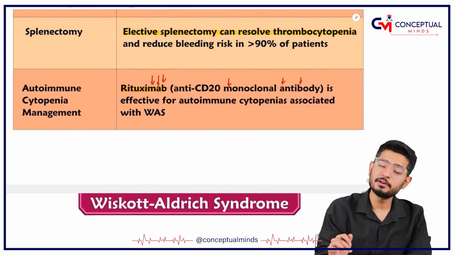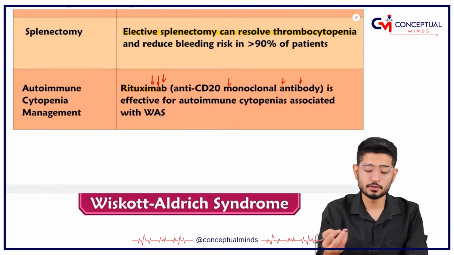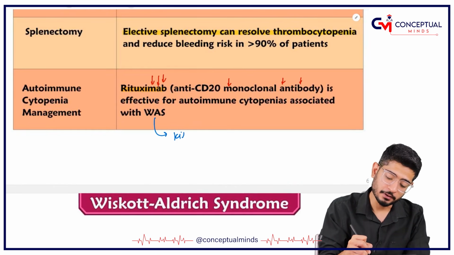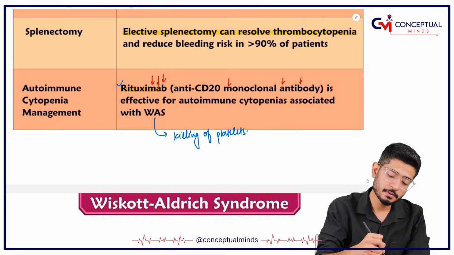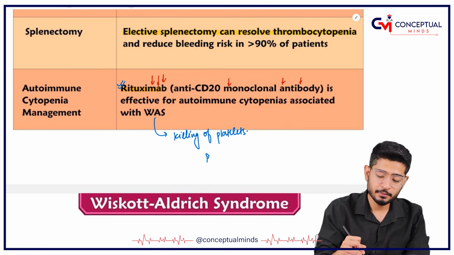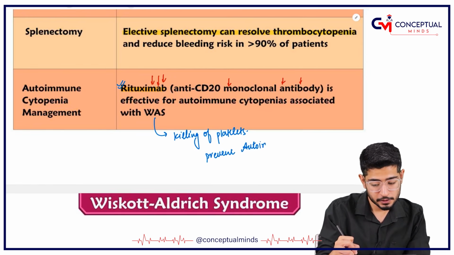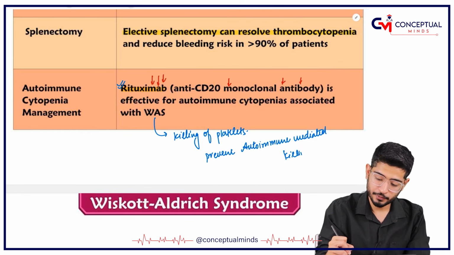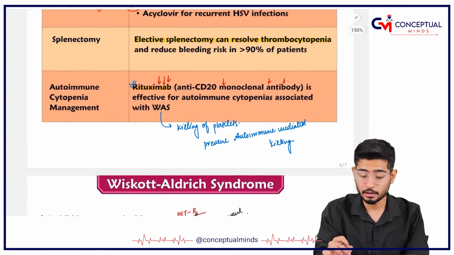So there are different mechanisms in Wiskott-Aldrich syndrome which cause the killing of platelets. That's why we can give rituximab in order to at least prevent the autoimmune mediated killing of your platelets.